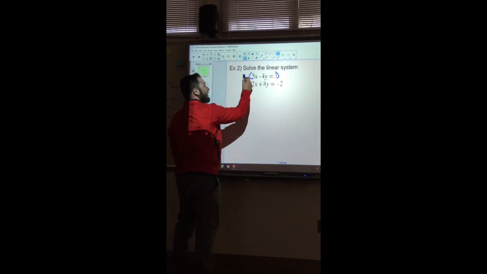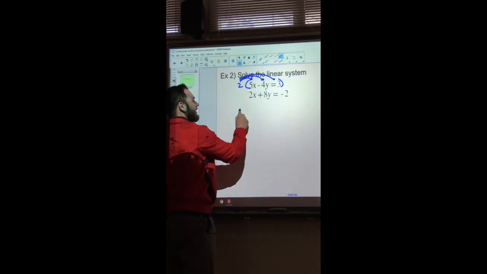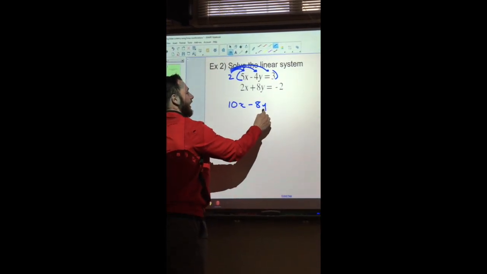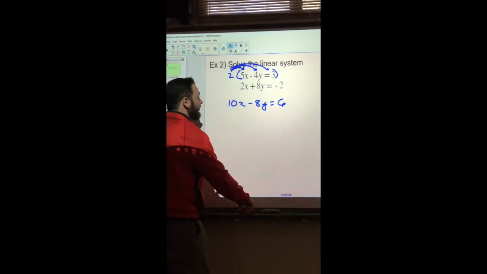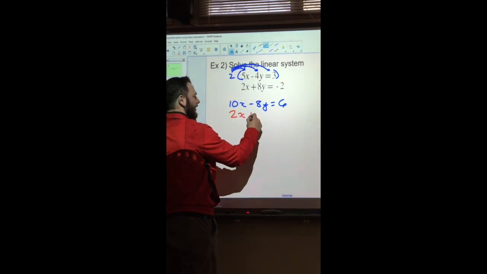If we do that, we distribute just like we would any other time, and we get 10x, because 2 times 5x, minus 8y equals 6. But we didn't do anything to this bottom one, so we can just leave it like this.